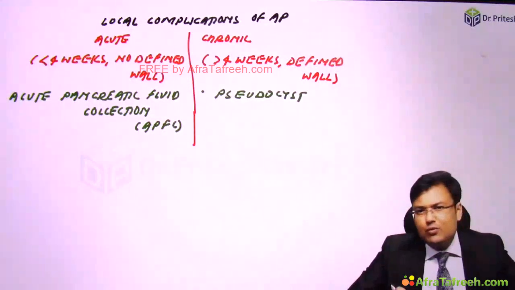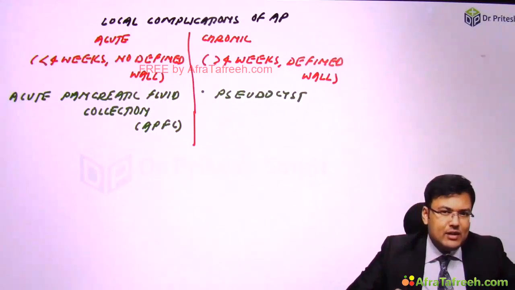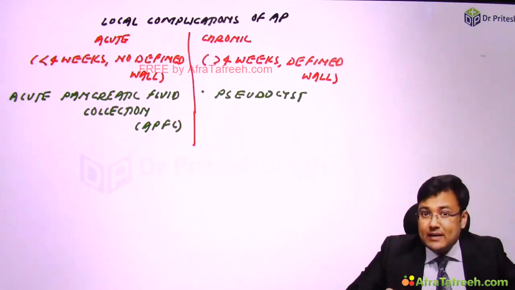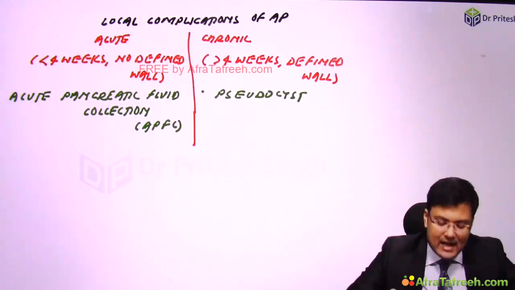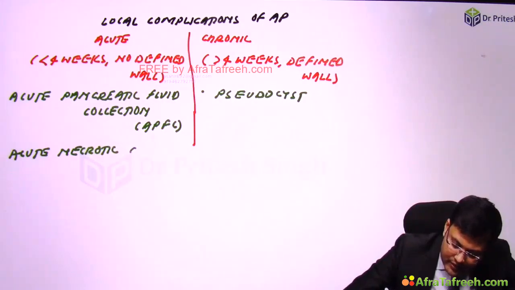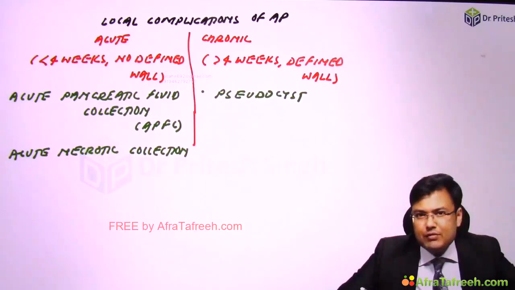Question: what is the most common site of acute pancreatic fluid collection? It's the lesser sac, and that's why the most common site of pancreatic pseudocyst is also the lesser sac. Second is acute necrotic collection. After 4 weeks, what will happen?